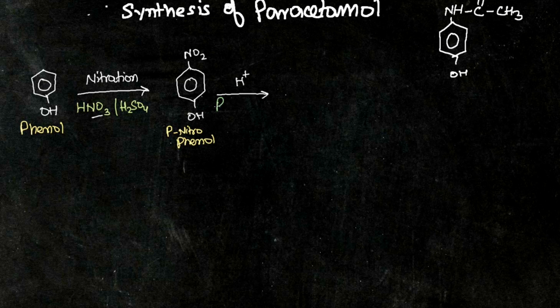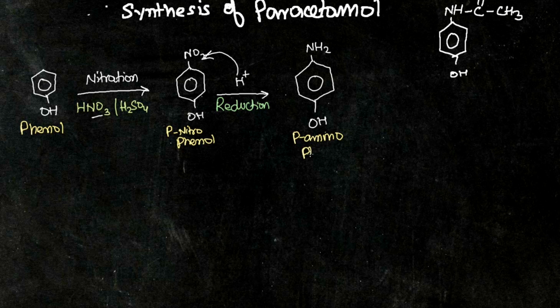Then upon reduction of this nitrophenol, the NO2 group becomes NH2, so this becomes para-aminophenol. So the second derivative was para-nitrophenol and this one is para-aminophenol.